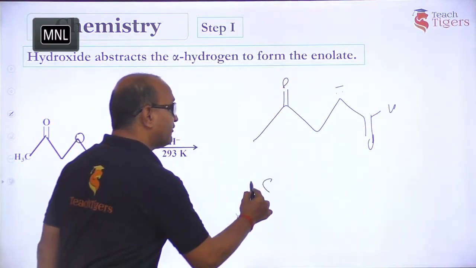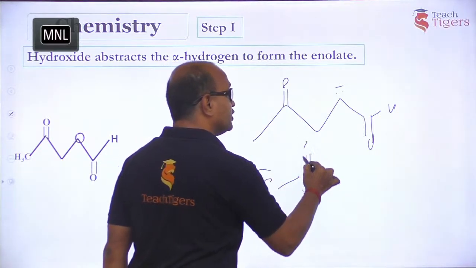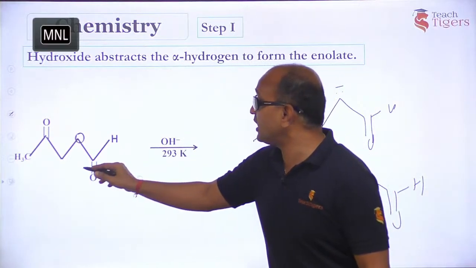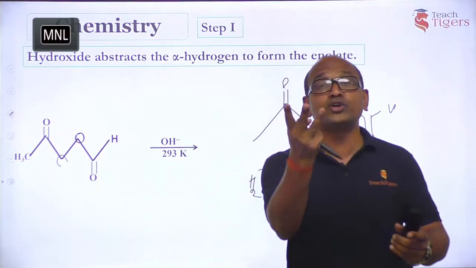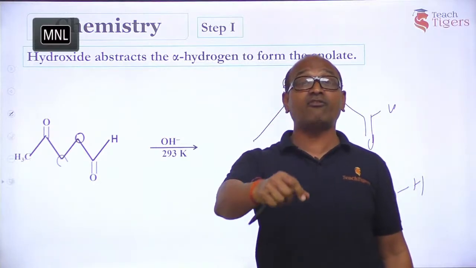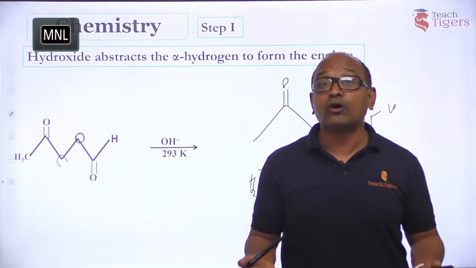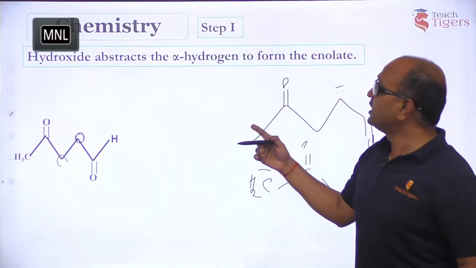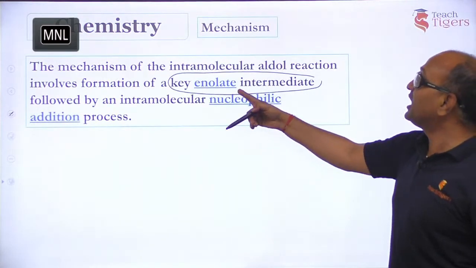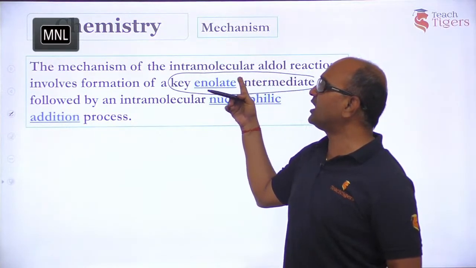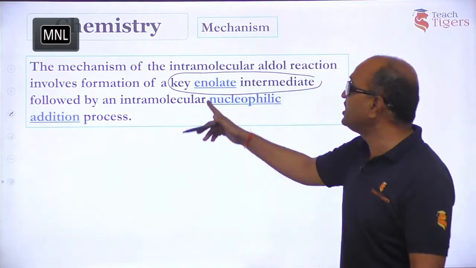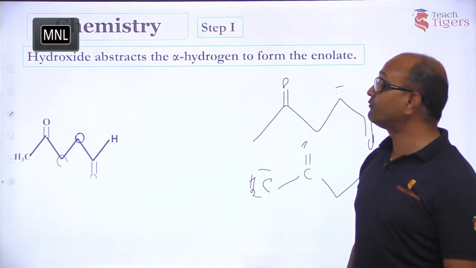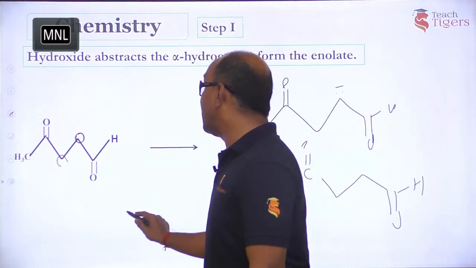Yes, so you have this as an enolate. In fact, you can also have an enolate from this carbon. So you have three sets of enolates. But how do we identify the key enolate? That's what I spoke about. The mechanism of this intramolecular aldol reaction involves formation of the key enolate, but here in this step, I have three enolates.